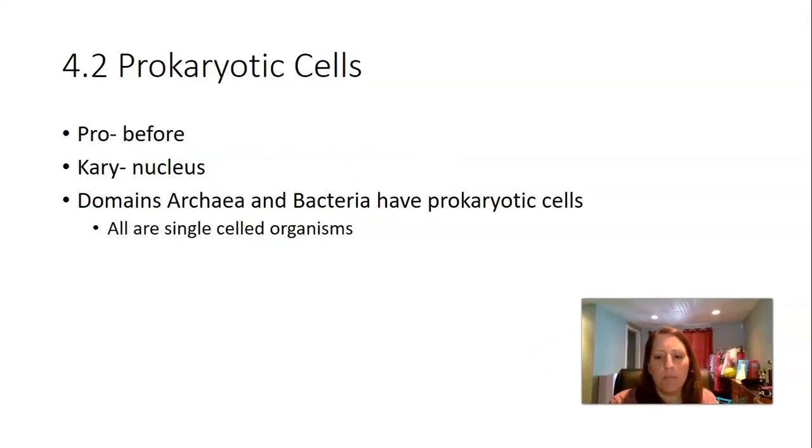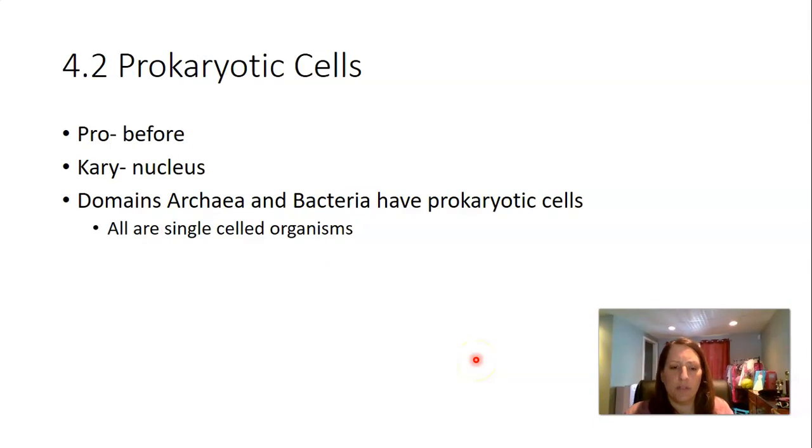So let's talk about prokaryotic cells first, and then we'll talk about eukaryotic cells. So prokaryotic. Pro means before, and kary means nucleus. So prokaryotic cells probably arose first. Okay, that's what evolutionary theory tells us.